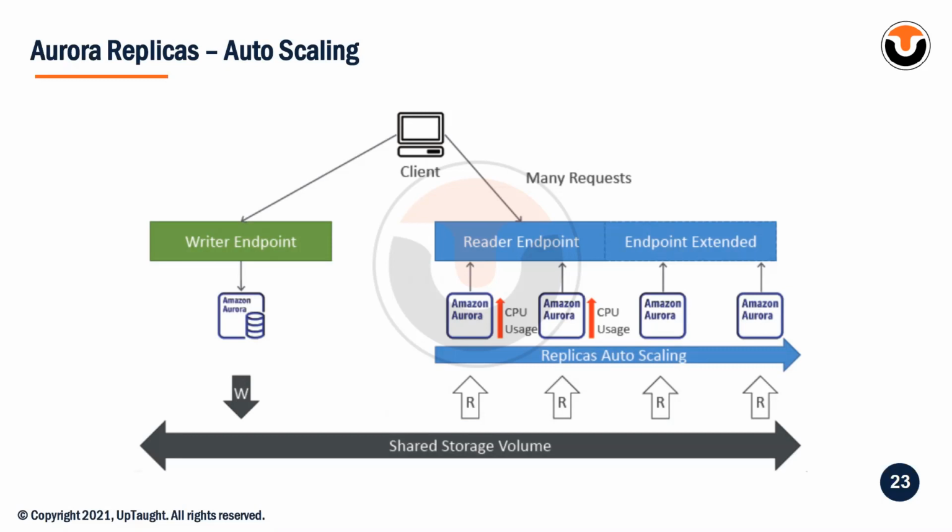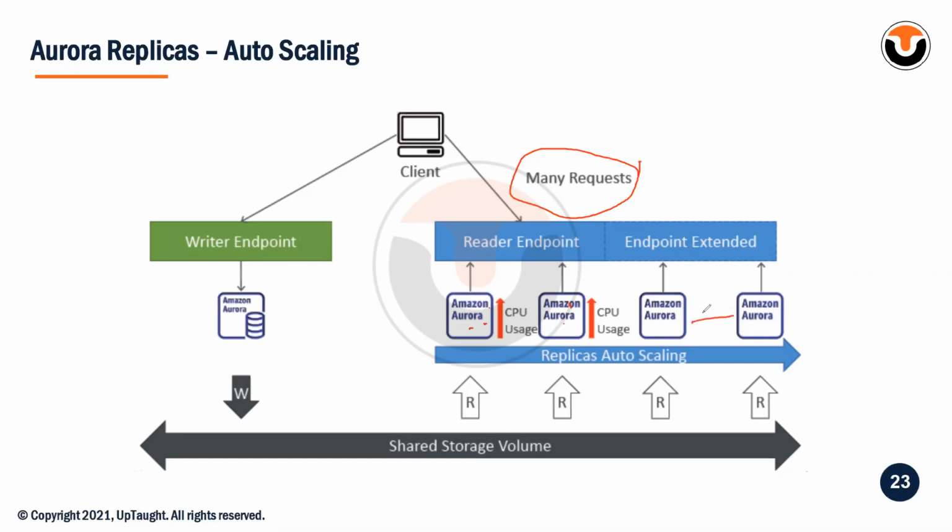We just talked about the auto scaling, right? Whenever you need, you can just automatically increase or decrease the number of instances. As you could see, there are too many requests coming in. You don't have to do anything. So the reader endpoint will understand there are too many requests, and these two instances serving the read replica endpoint, based on the CPU utilization, understand this is a lot of traffic coming in.